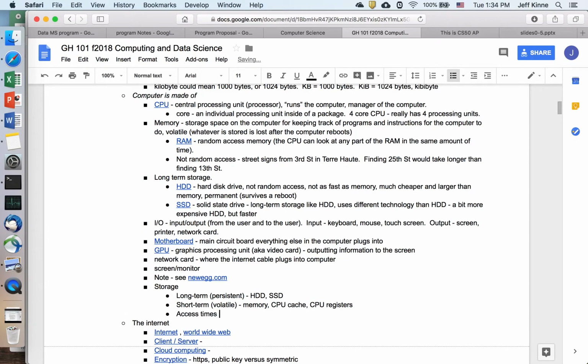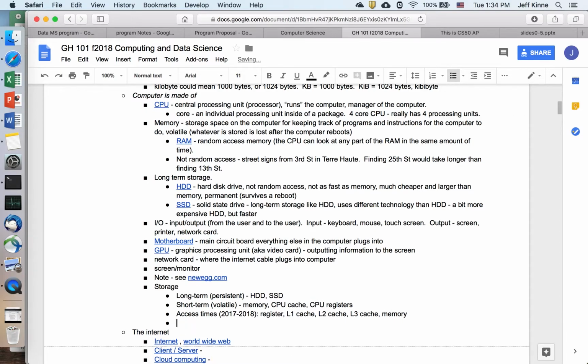Access times as of roughly 2017 to 2018. We're going to go with register, L1 cache, L2 cache, L3 cache, and random access memory.